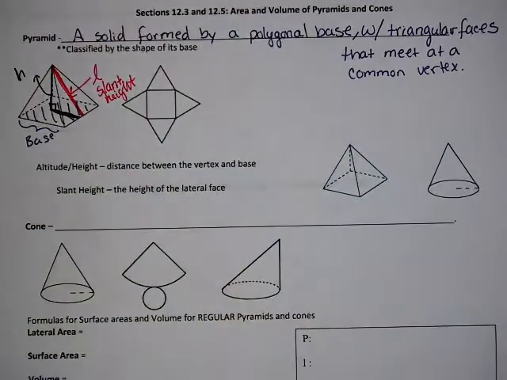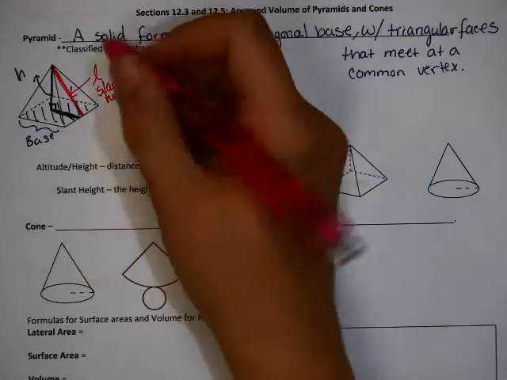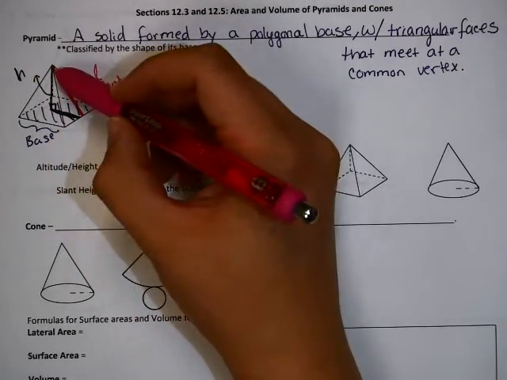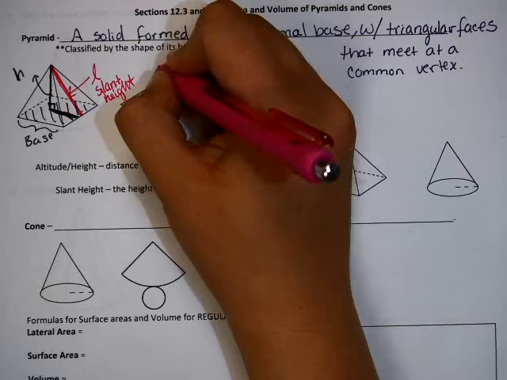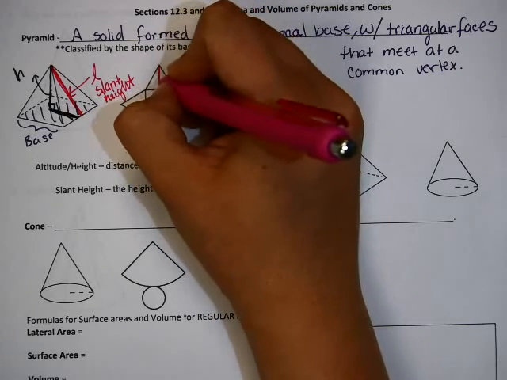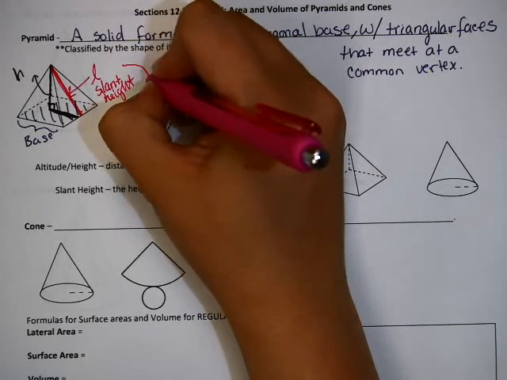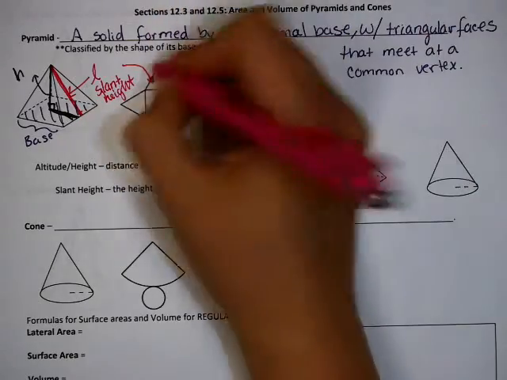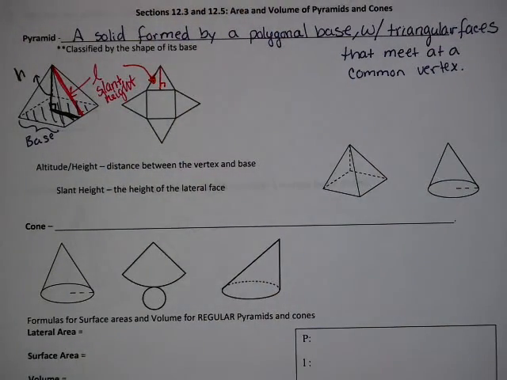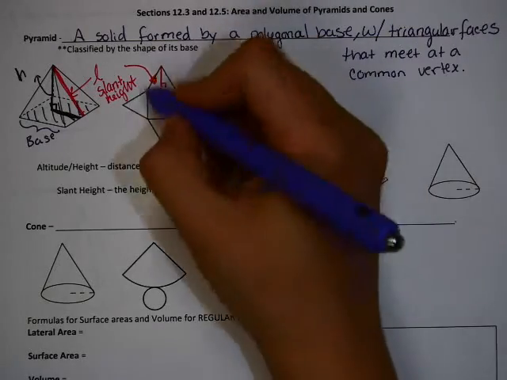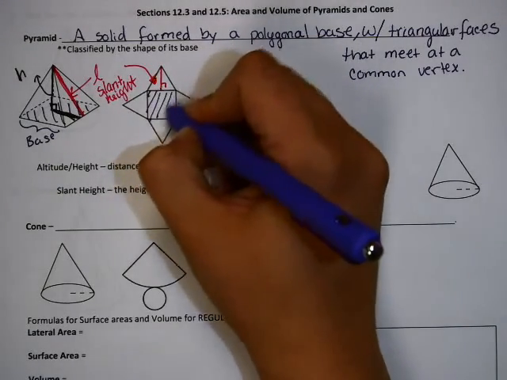Here we go. Okay, so slant height is from one of the sides, and if I were to draw it on the net of a square pyramid, it would be this length right here. Okay, and again, with your square pyramid, the net, this would be your base.